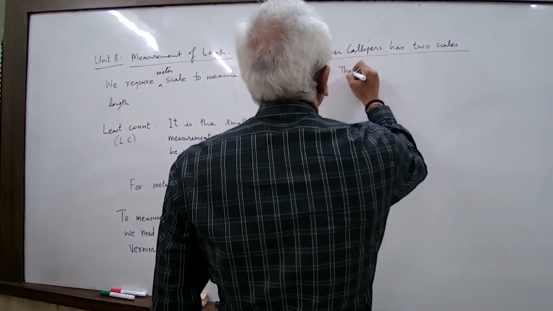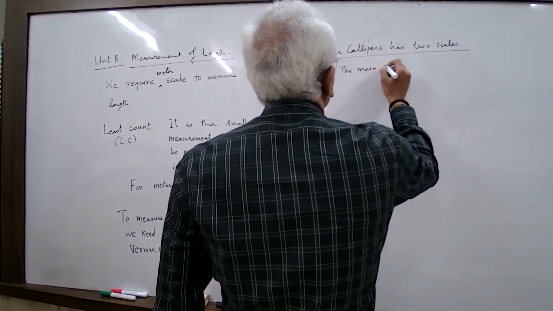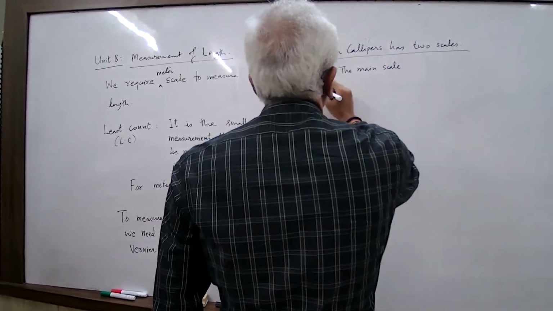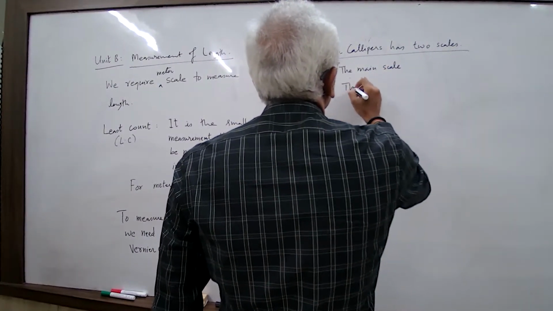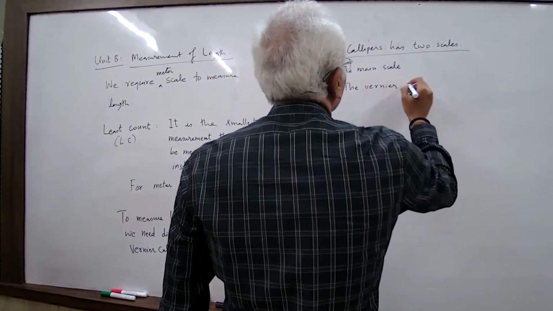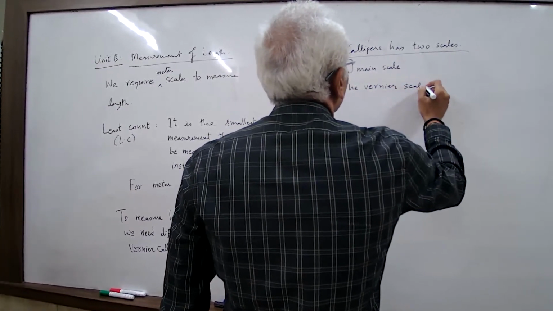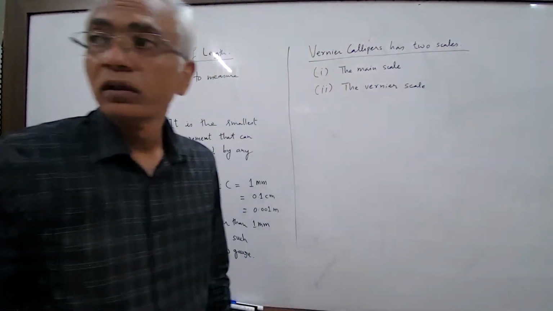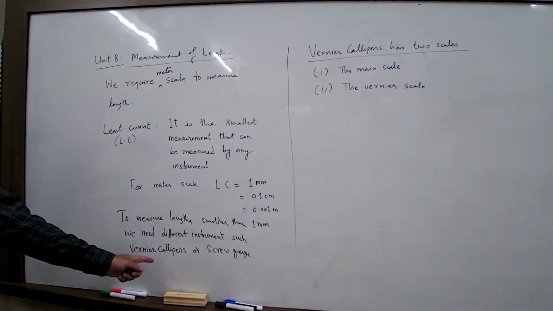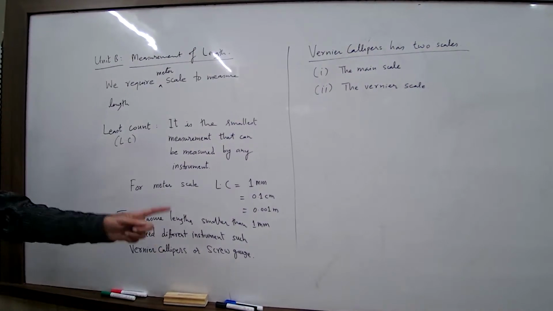The main scale and second the vernier scale. Okay? So there are two scales in the vernier scale. So you're still writing this? Okay, complete this, then I'll explain.